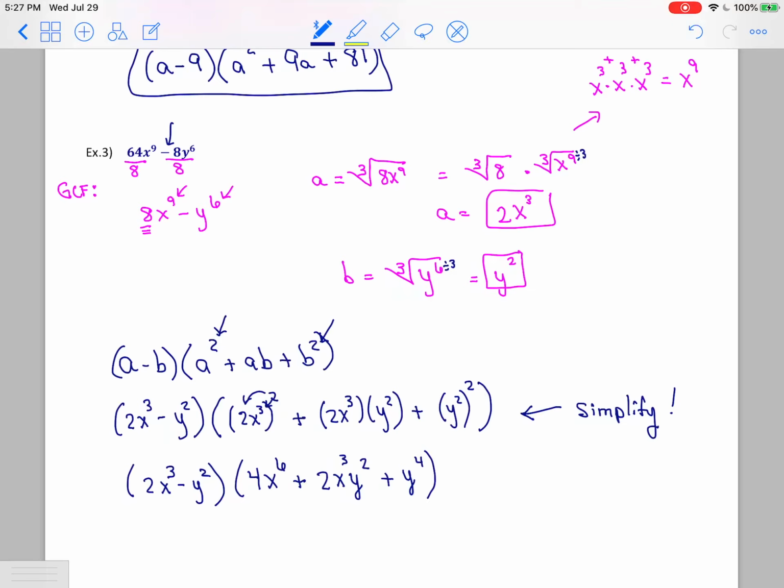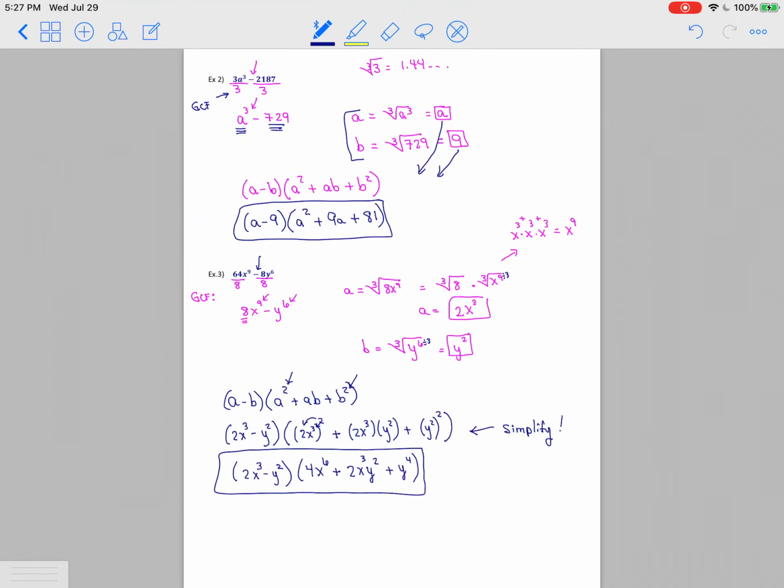And then this is going to give us y to the 4th. And if we look back at that, we don't really have anything else that we can simplify. So even though it looks like a very big, complicated polynomial here, 2 polynomials actually, it is simplified, and we are done.